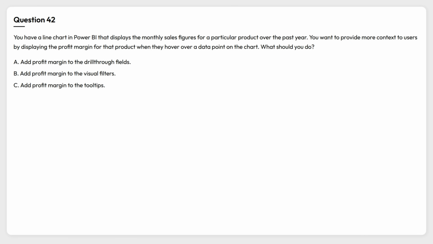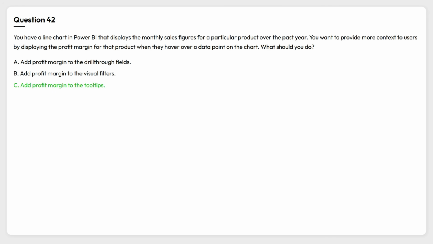What should you do? Option A. Add profit margin to the drill through fields. Option B. Add profit margin to the visual filters. Option C. Add profit margin to the tooltips.